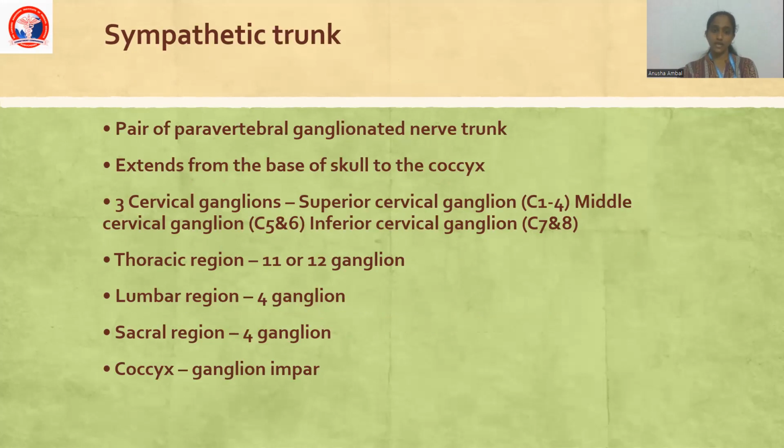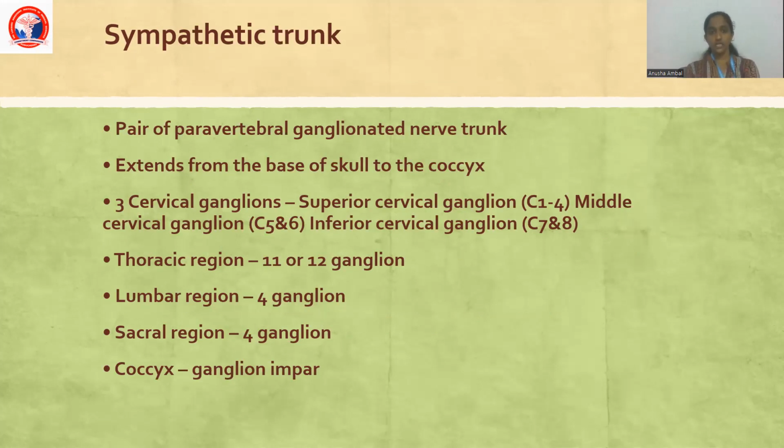So, there are a number of nerves, cranial nerves, spinal nerves, there are many. And they all relay in a ganglia. So it is a slide that shows how many ganglia are there present at each level.